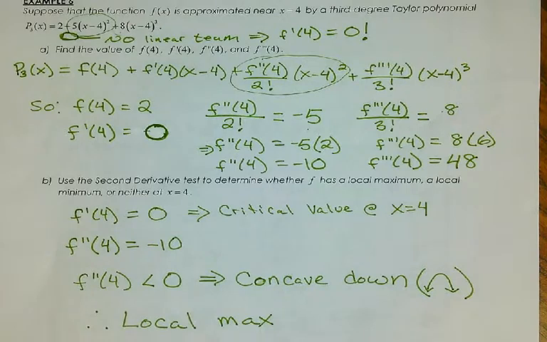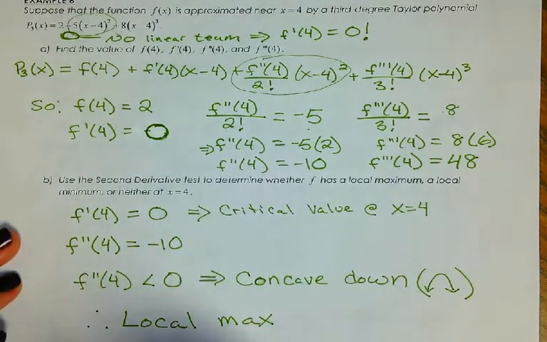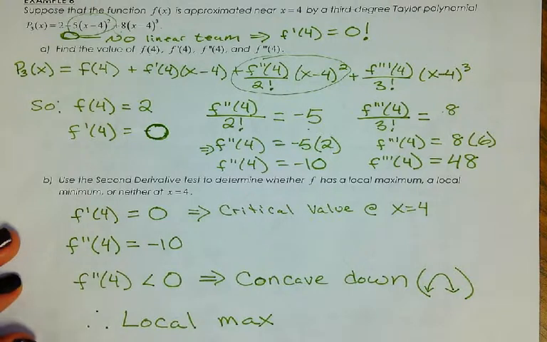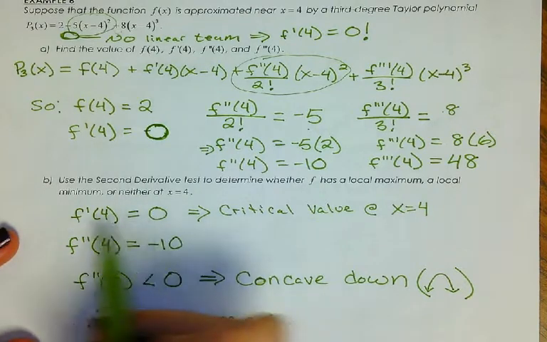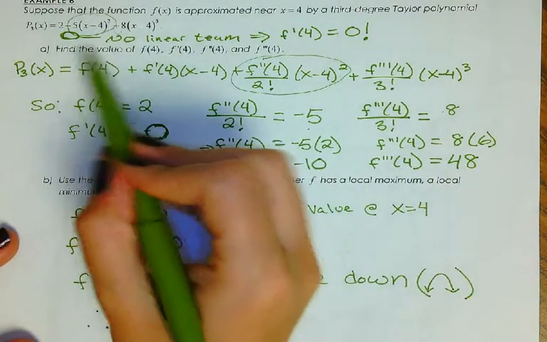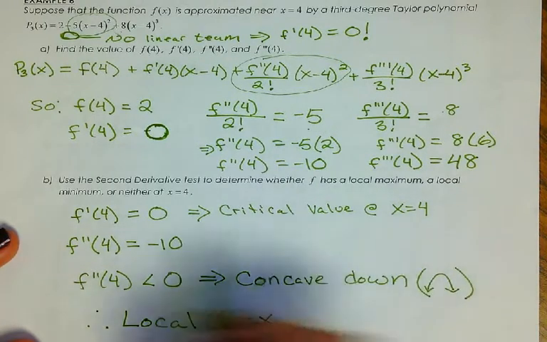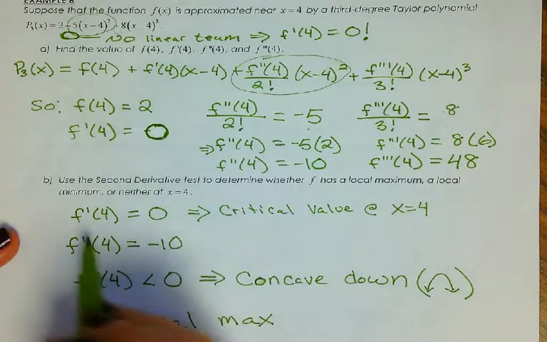The question then takes it one step further. Using your second derivative test, this is one that I think most of my students weren't a huge fan of, determine if it has a local maximum, local minimum, or neither. The second derivative test says, if you have a critical value, which we know we have because there was no linear term, then we can look at the sign of the second derivative.